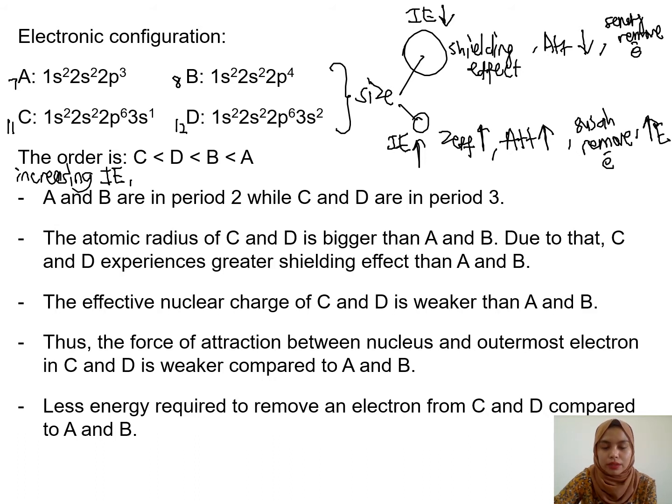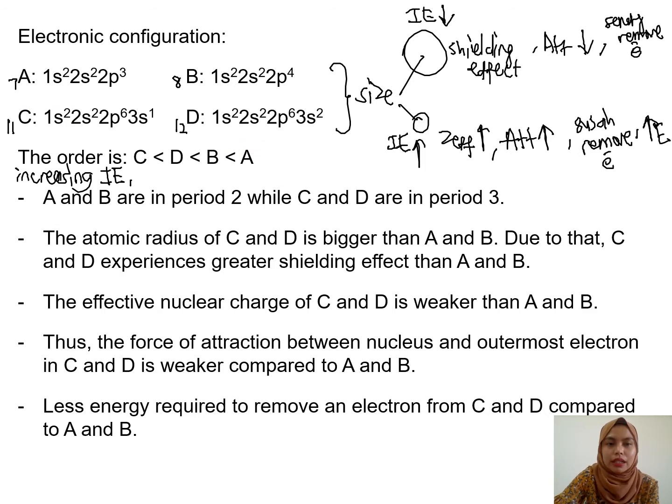Okay, that means C has the biggest size, therefore C's ionization energy will be the lowest. Okay, followed by D. Why C and D? They belong in the same period. Okay, they belong in the same period, so across the period the size will decrease.